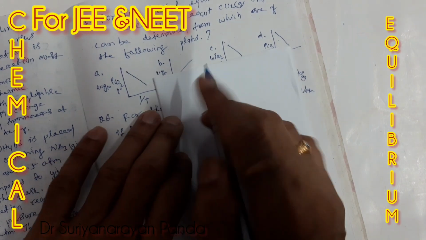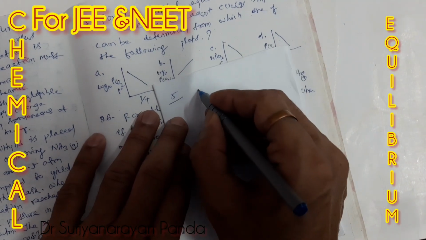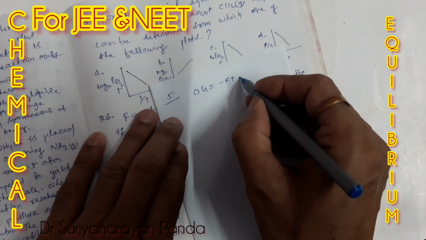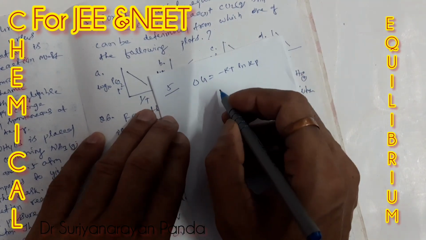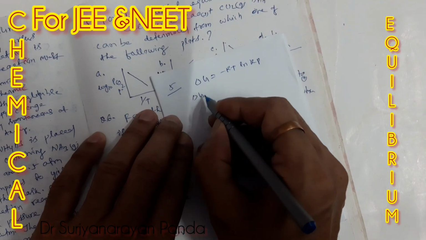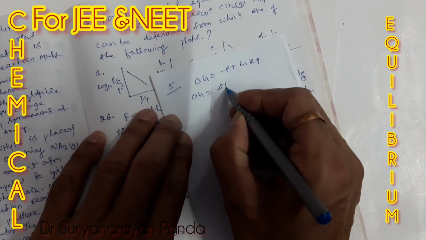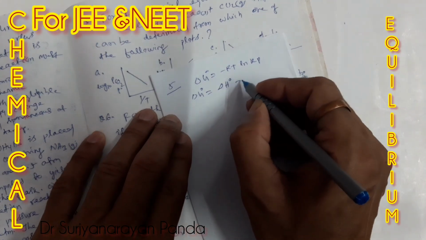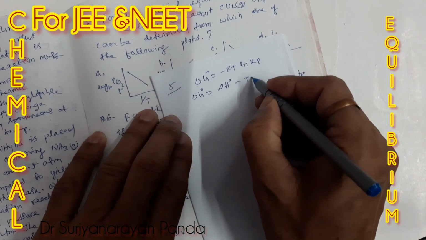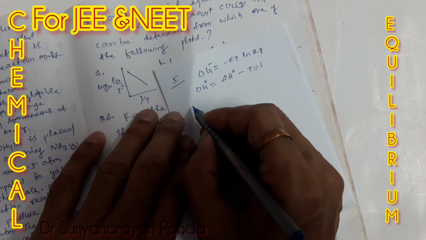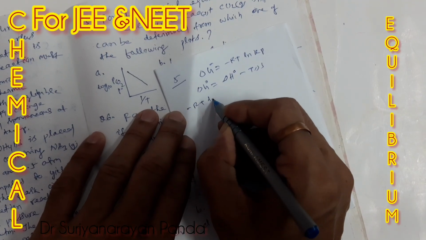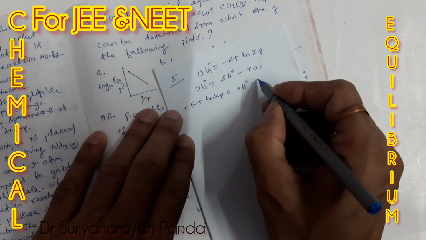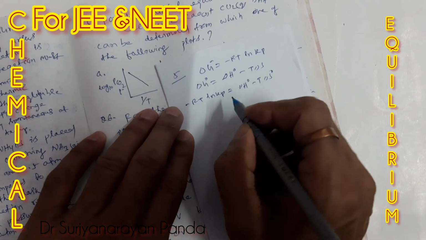Okay, so question number 5. Delta G is equal to minus RT ln Kp. And we know delta G is equal to delta H0, where 0 means standard, minus T delta S0. That means minus RT ln Kp is equal to delta H0 minus T delta S0.